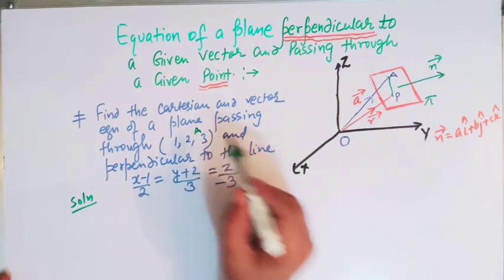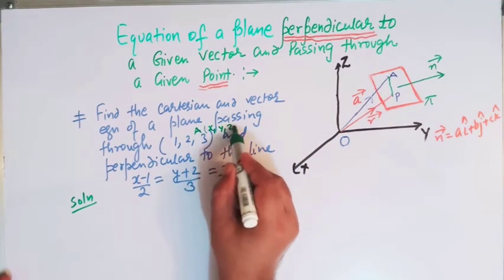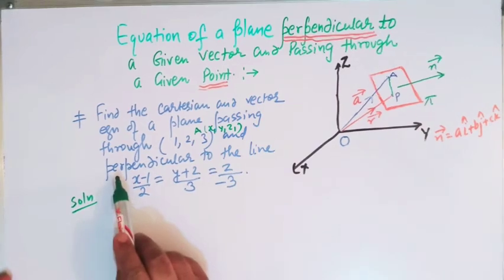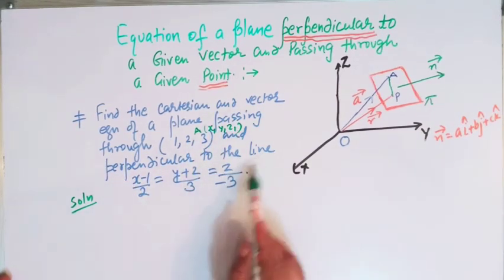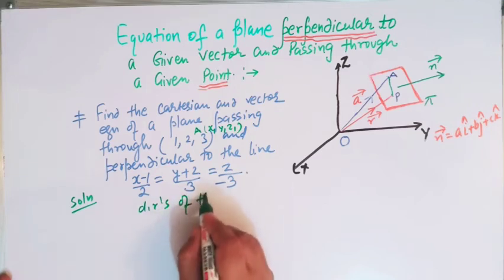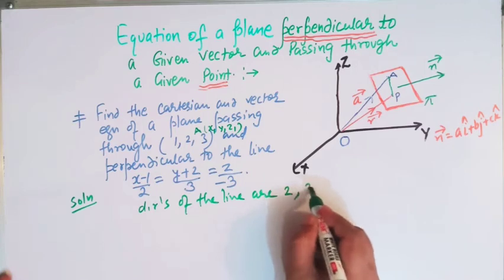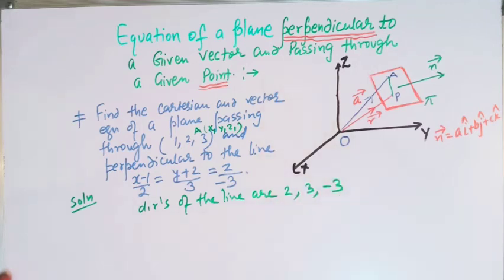This is actually point A, and this is x1, y1, z1, and the plane is perpendicular to the line, and the drs of the line are 2, 3 and minus 3, right?